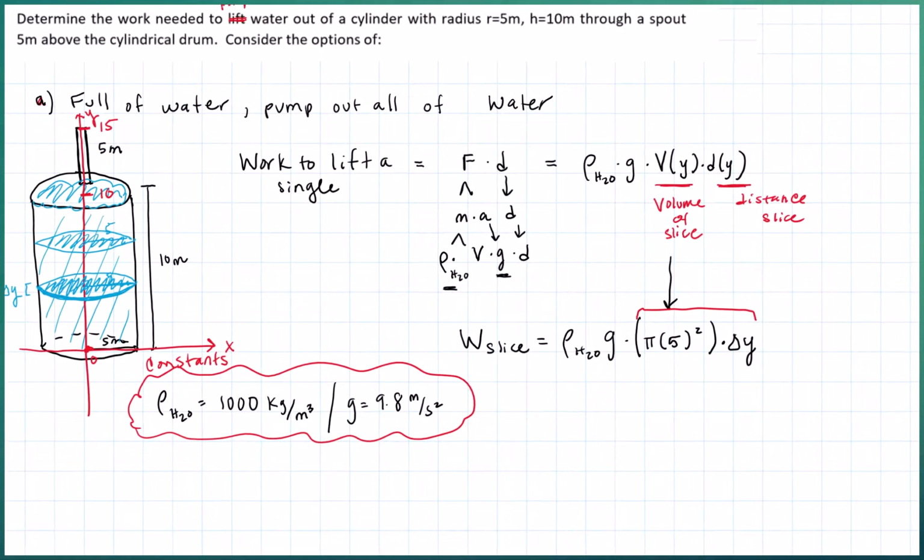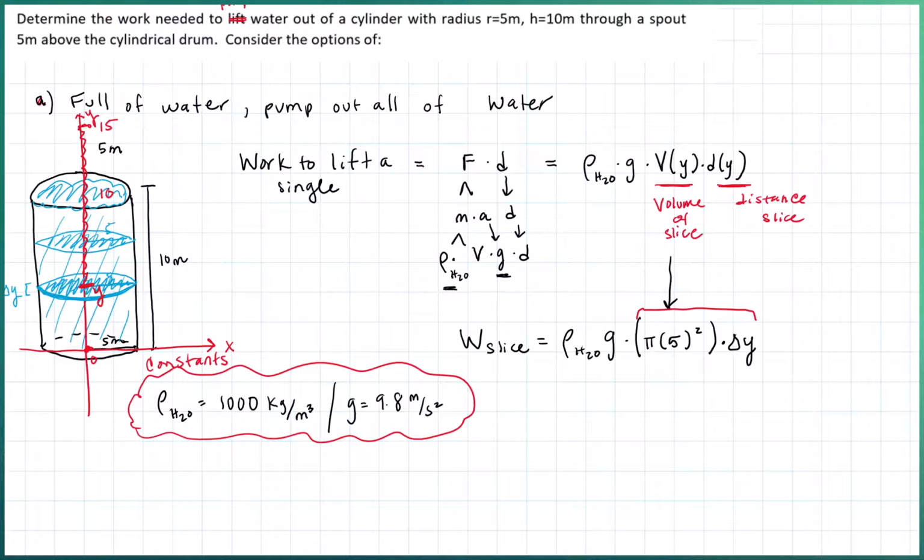Well, each slice has to come from where its position is, which would be at a y value. Let's grab my red pen. So at any given slice, say that's y, when we take that slice, we have to lift it from that point up and all the way out of this spout.